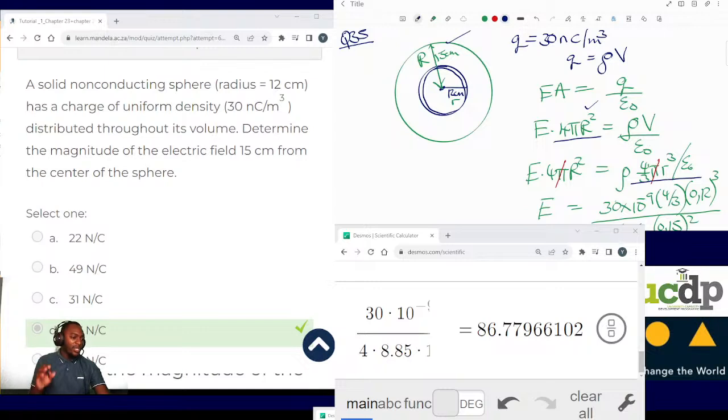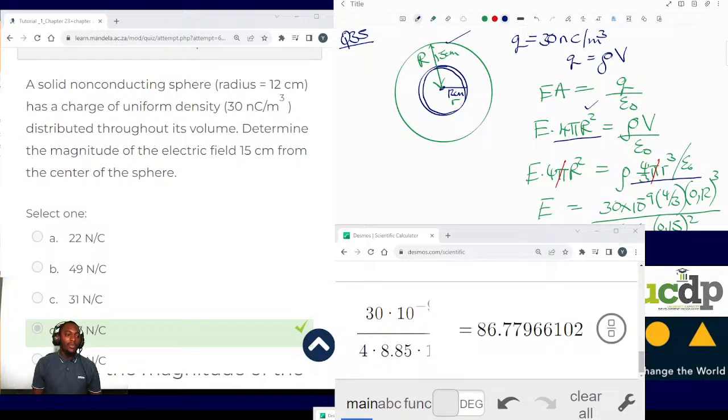So basically these questions were on applications of Gauss's law. Always make sure you pay attention when choosing your Gaussian surface. Take note of the charge that you've been given. Also take note of the radius of your cylinder or sphere.